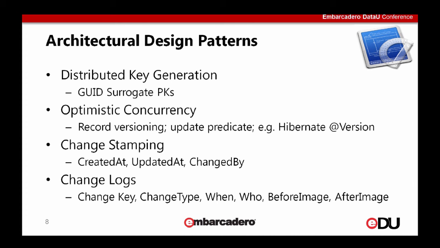If somebody has snuck in while we were editing the record and made a change, then the version ID will be different, and the predicate on the update says where version number equals 3. If that version number is 4, the update will miss, and we'll get some feedback that there was a collision. And so that's a good way to make this happen in a distributed environment.